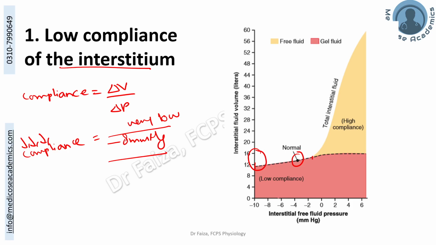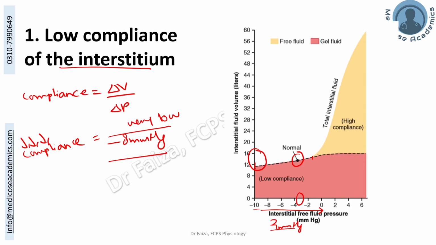So for a large variation in hydrostatic pressure, there is just a little variation in the volume and edema does not develop, even if the hydrostatic pressure changes from -8 to 0. The body resists the development of edema. So 3 millimeters of mercury is the safety factor, because the body is working in this range, -3 millimeters of mercury till 0 millimeters of mercury.